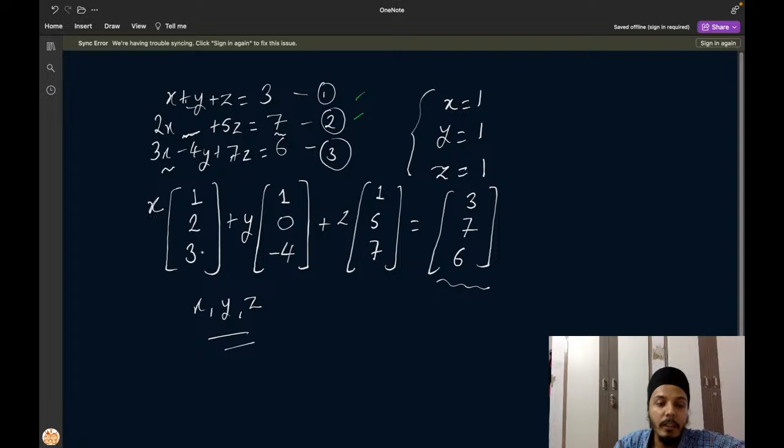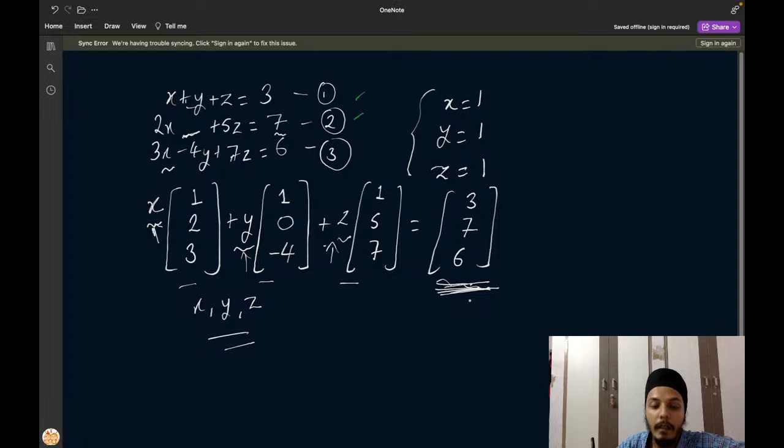So we need some linear combination of these left hand side vectors to give us this particular right hand side, and we know that the linear combination is 1, 1, 1. When you put x equals 1, y equals 1, z equals 1, you will definitely get this column vector on the right hand side. So in the column picture, we get the right combination of these variables x, y, and z to get our answer.